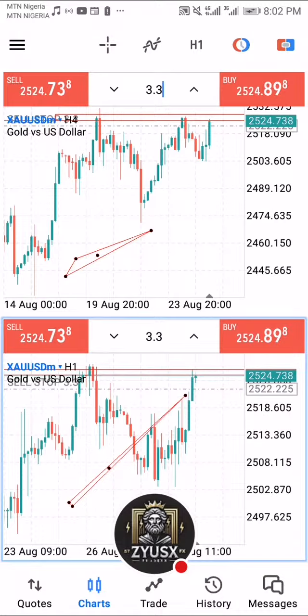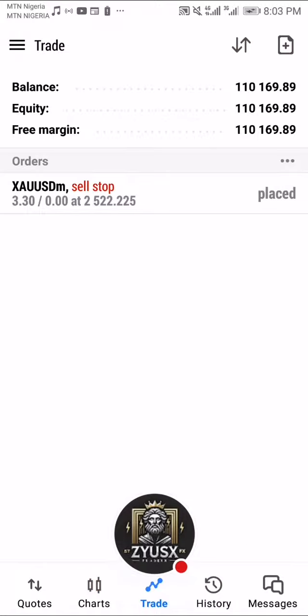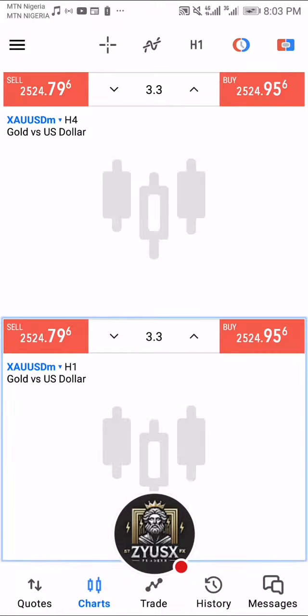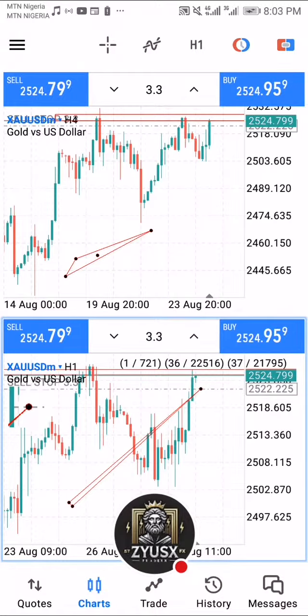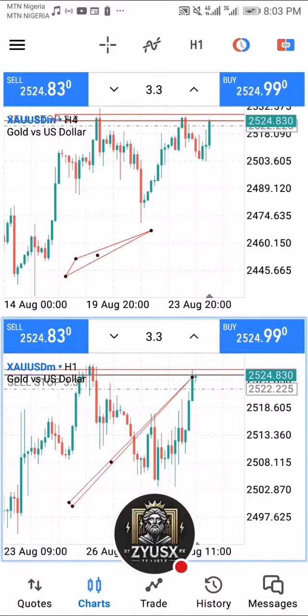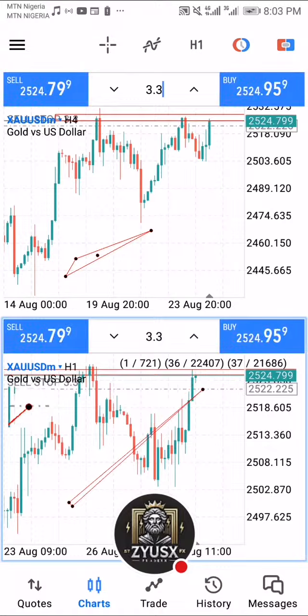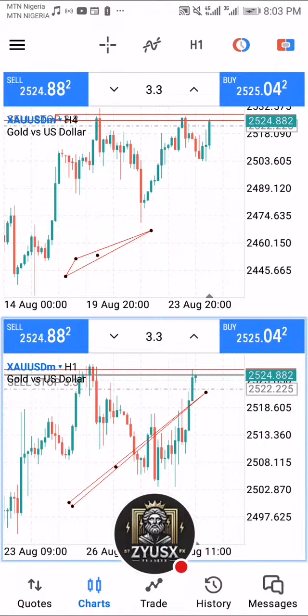No, we will not lose the trade. I can only delete the order and look for another trading opportunity. But imagine you took an instant sell, price is now turning bullish, you'll be in a pickle right now. So that's the beauty of a sell stop and the buy stop. Try using it in your trades and see the difference.